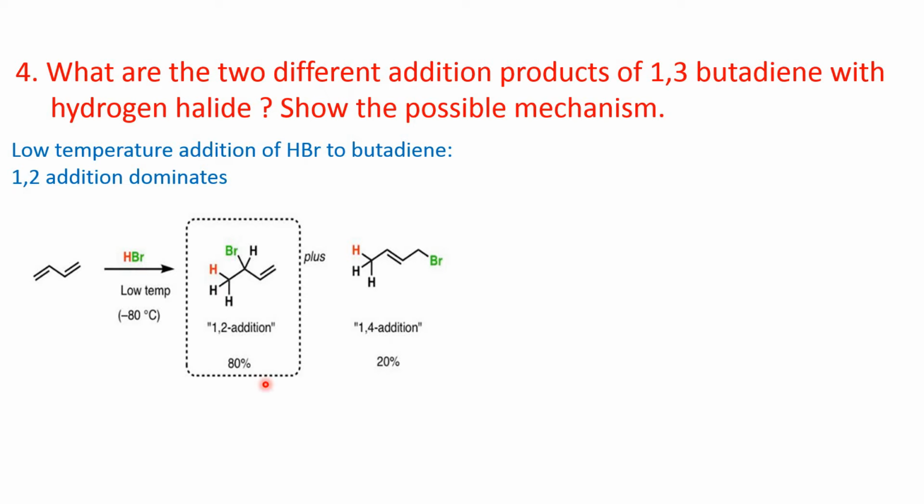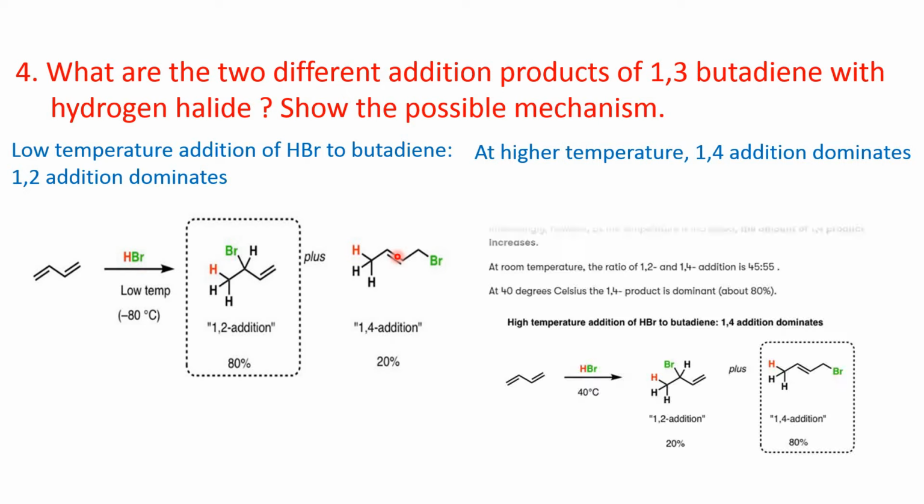Its contribution is 80%. And we will get a minor product, that is the 1,4 addition product. That means hydrogen is added at this 1 position and bromine at the 4 position, and its contribution is 20%.